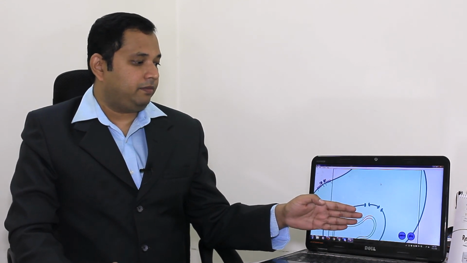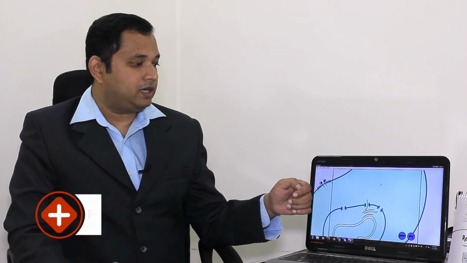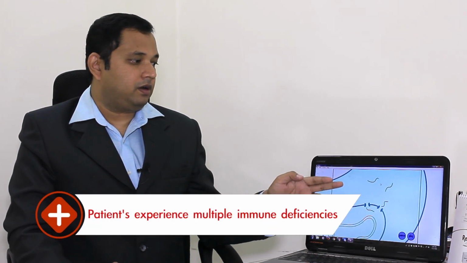So over a period of time, these cells start multiplying, and it will be infecting so many cells, like red blood cells, white blood cells, and platelets. So the patient will have multiple immune deficiency.